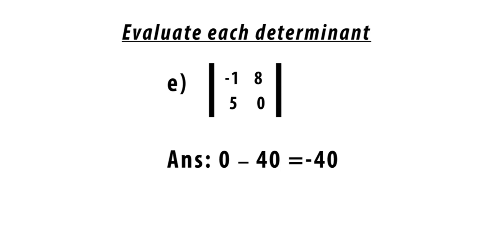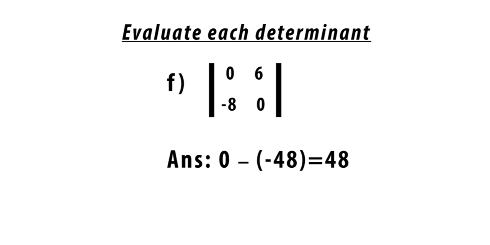Here the determinant will be 0 minus 40, which is -40. I hope you are following the trend and you can now find the determinant. F. The determinant of the matrix 0, 6, -8, 0. The answer is 0 minus -48, which will give us 48.